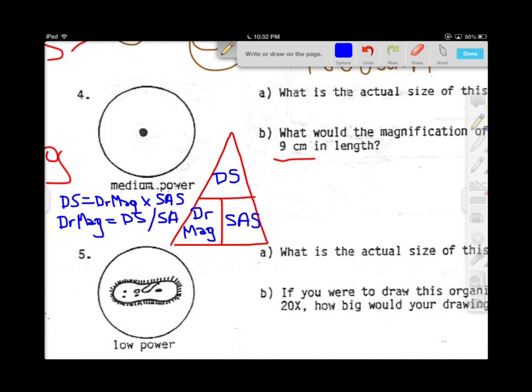I hate doing my fractions sideways, but we'll get away with it. And if you're trying to find your specimen actual size, if you put your thumb over that, you would see that you could take DS and divide it by Dr. Mag, or your drawing mag. There we go. So there's 3 arrangements of that formula.